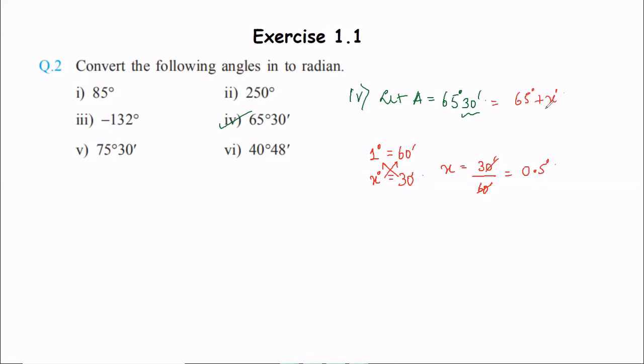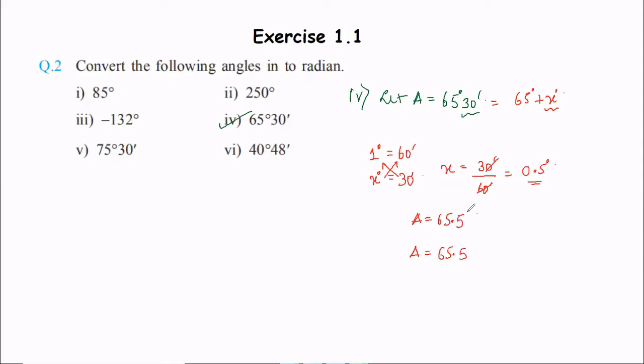Whatever we are getting in terms of degrees for 30 minutes, we are getting 0.5, so we'll add that. So A is equal to 65.05 degrees. Okay, now let's convert this to radian. Okay, my bad. It's not 65.05, it's just 65.5. While adding, I made a mistake, it's just 65.5.